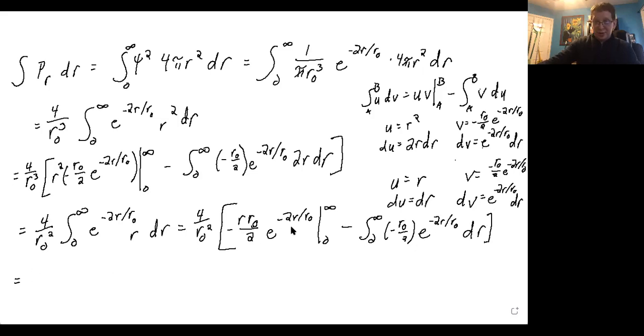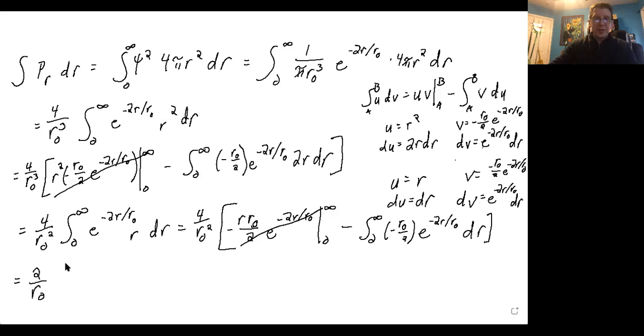So again, this term goes to 0. Just like this term did, this term is also going to go to 0. So we have negative signs canceling out again. So now we have 4 over r naught squared multiplied by r naught over 2. So we get 2 over r naught.